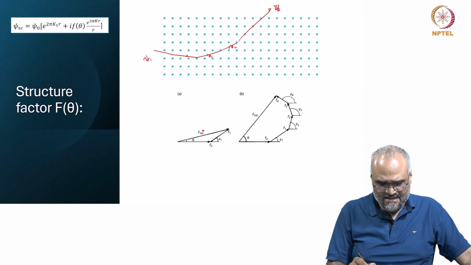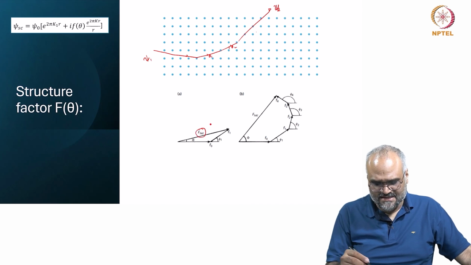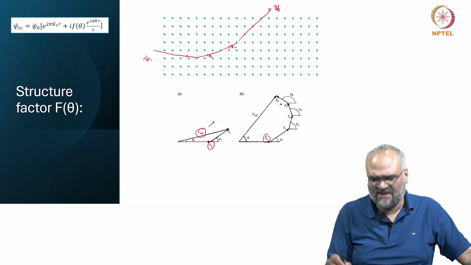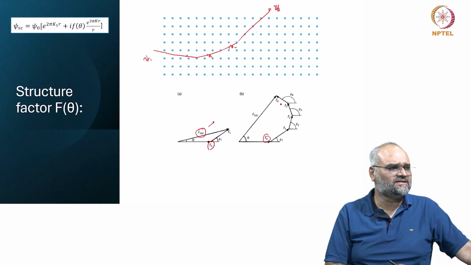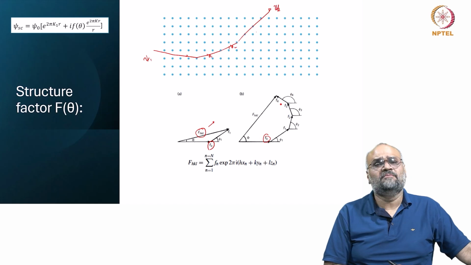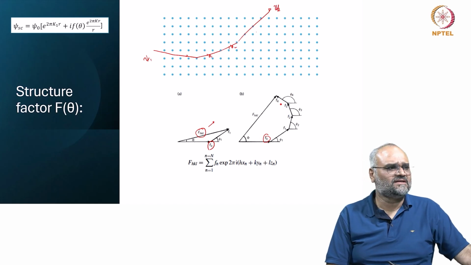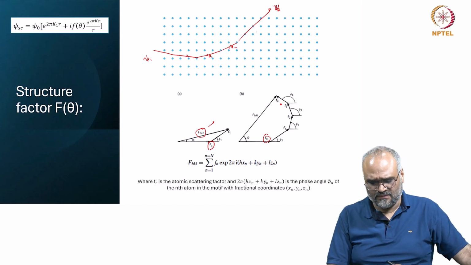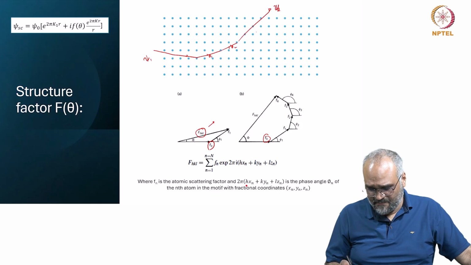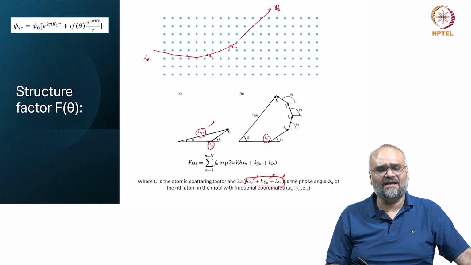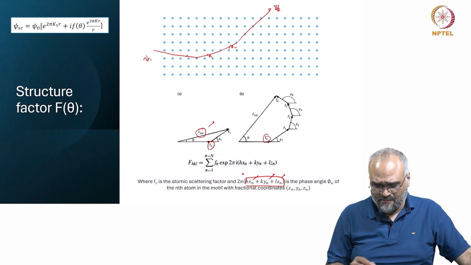If I say capital F(HKL) is my structure factor, and if the small letters f0, f1, f2 are my atomic scattering factors, I end up with my resultant structure factor as this. Now, if I have a periodic arrangement of atoms, by determining the occupancies of the type of crystal structure I have, I can see where I get a maxima.